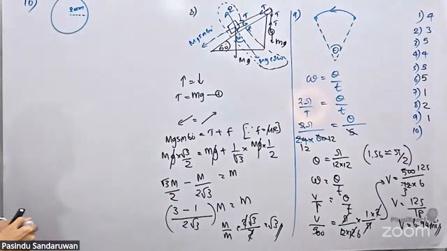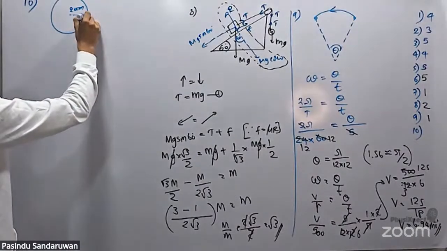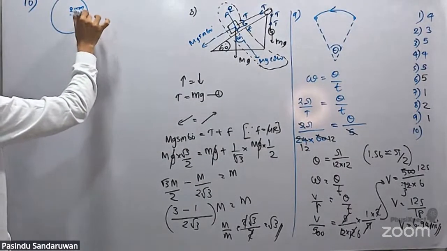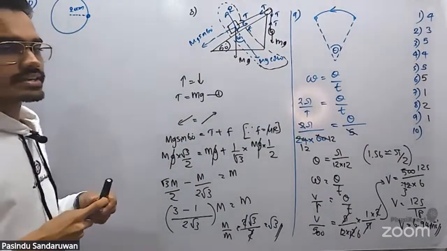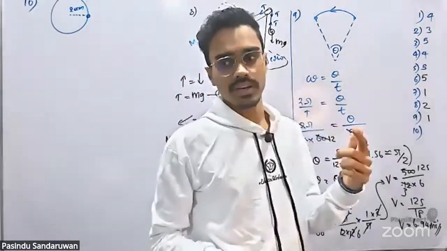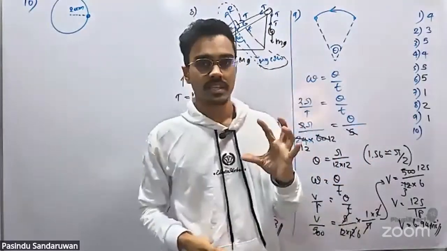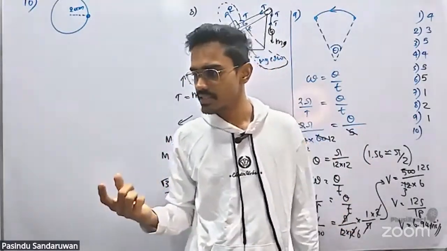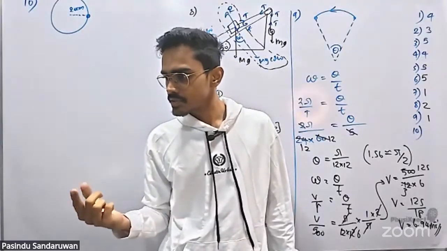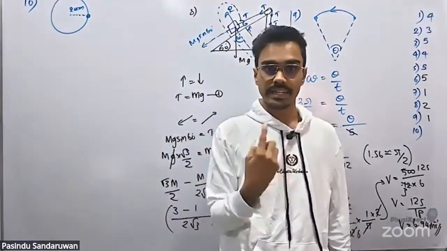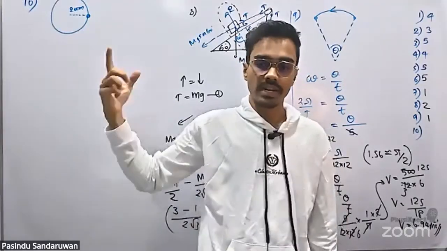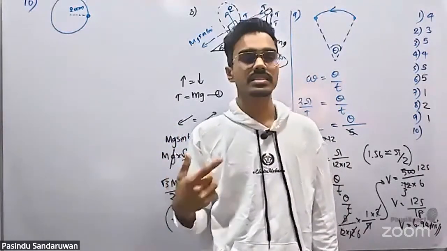Then to have the maximum angular velocity, the object should be here. So we know when the plate is rotating in rotational motion, this object rotates in a circular motion because it travels in a circle.